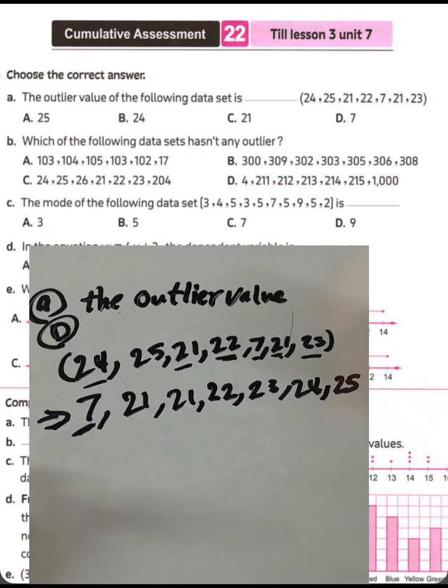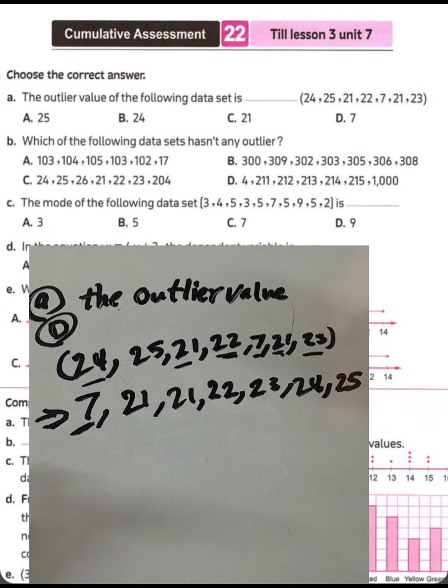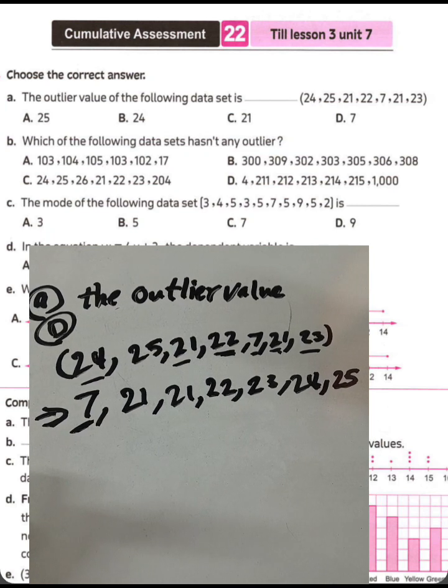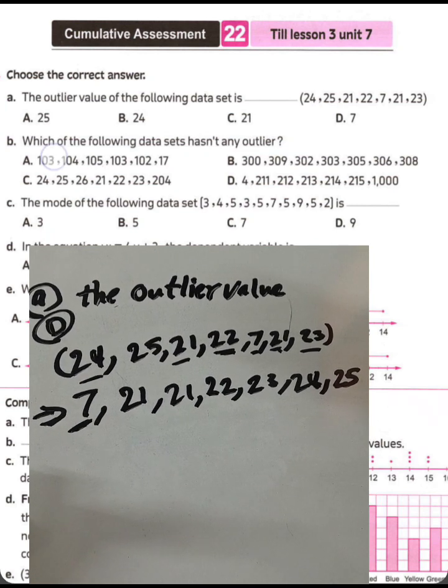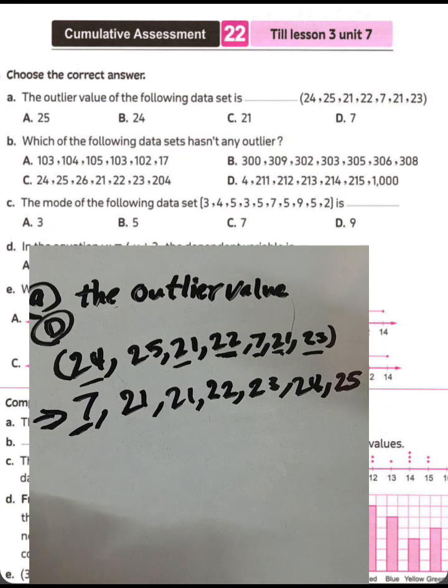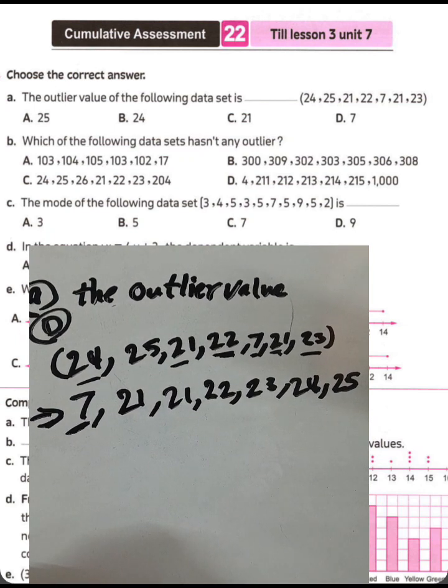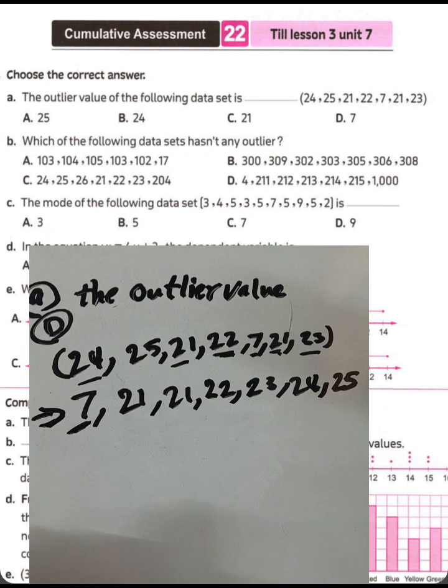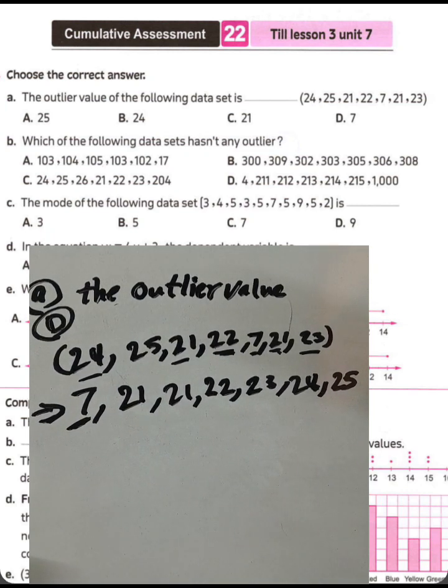Question letter B. Which of the following data sets hasn't any outlier? Look with me at letter A. We have 103, the smallest number, and we have 17, 102, 103, 103. In letter A, we have the outlier, 17.